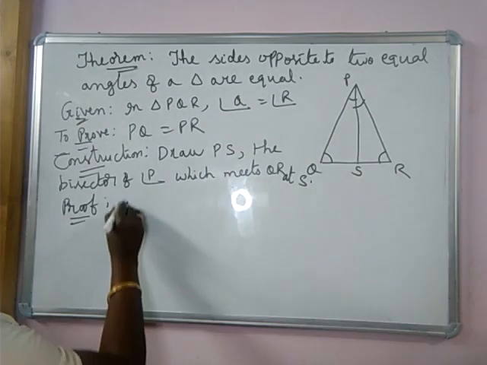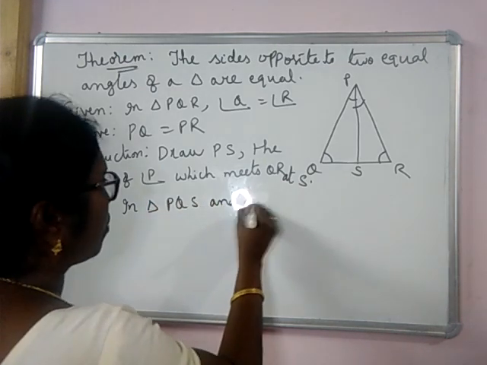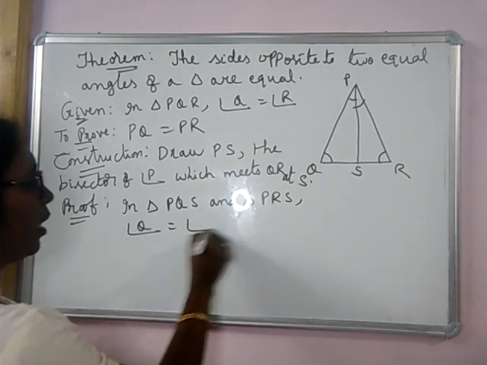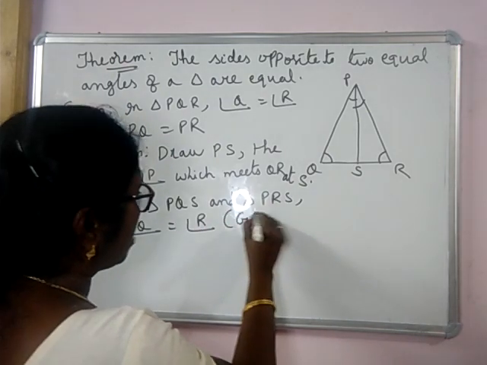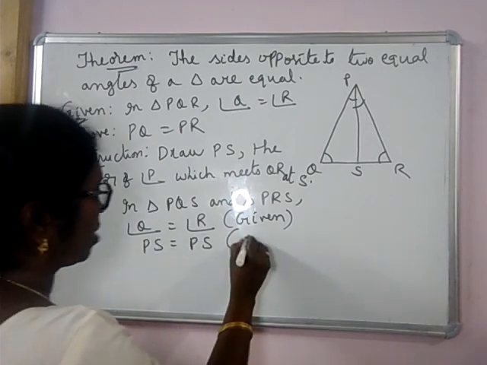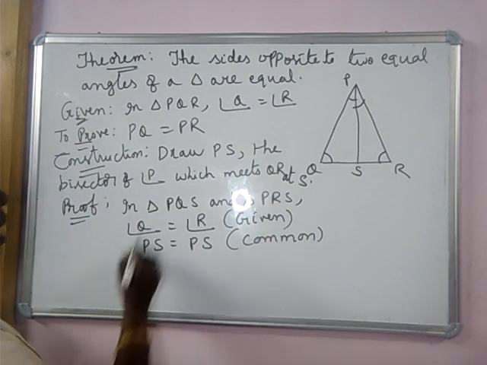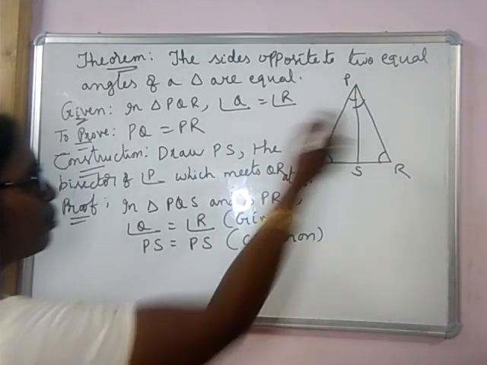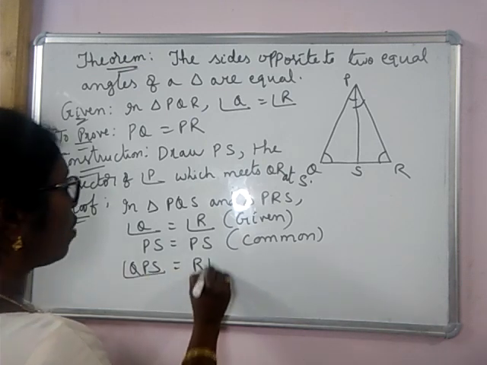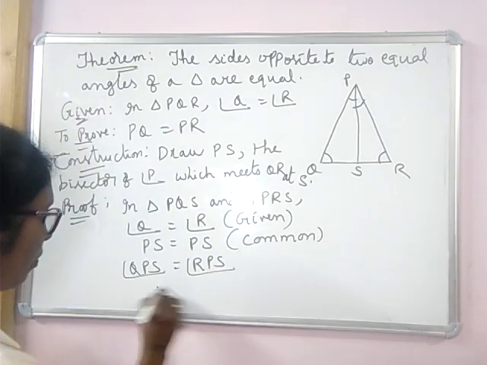So, proof step. In triangle PQS and triangle PRS, angle Q is equal to angle R, that is given to us. And PS is equal to PS, the common side for both the triangles. And we bisected PS, so angle QPS is equal to angle RPS, that is what we have constructed.